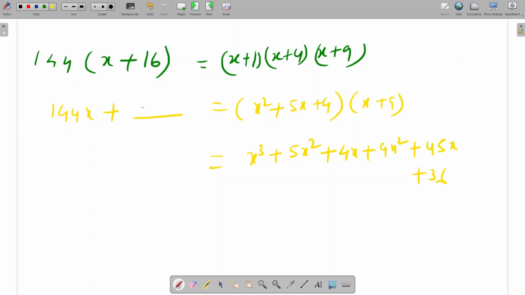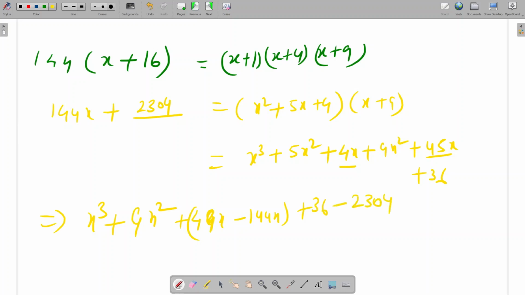Yes, sir. So the equation will be x cube plus 9x square plus 4x plus 45x, that is 49x, minus 144x, plus 36 minus 2304, equal to 0.